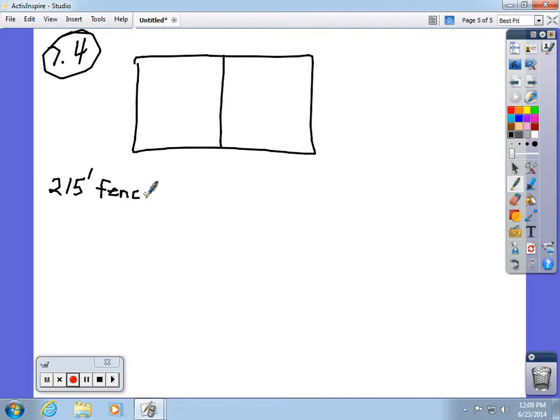He bought 215 feet of fence, and the only thing you know about this is that the length is 3 times the width. Okay? That's the only thing you're given. Do y'all remember doing something like this? Well, what is fencing? Is it perimeter, area, or volume? It's perimeter. It goes around the property.